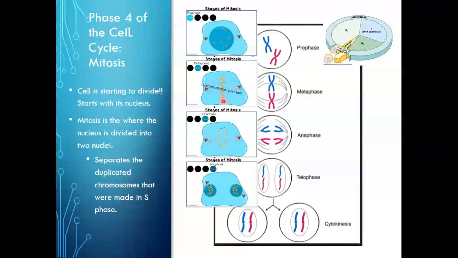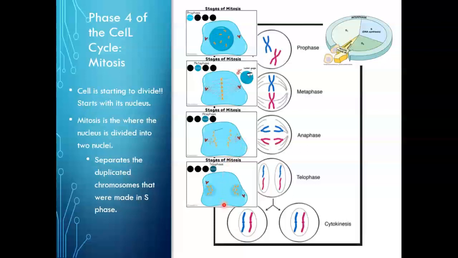Meta, middle. In anaphase, away, the chromosomes are ripped in half, so each chromatid moves toward the telomeres, and their spindle fibers are shortening. And the chromatids are moving away in anaphase.